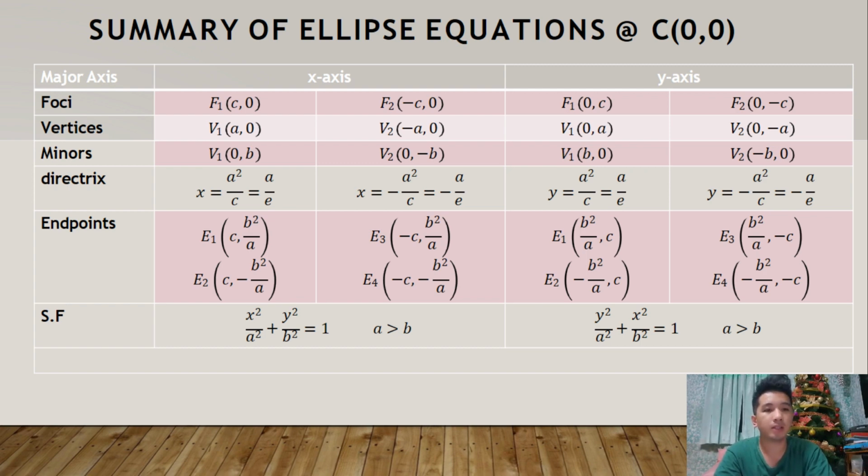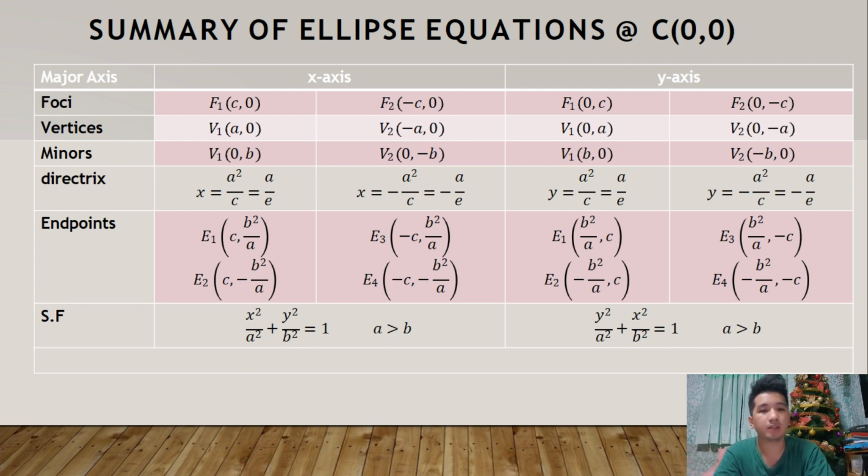Or E1 is (B squared over A, C), E2 is (negative B squared over A, C), E3 is (B squared over A, negative C), E4 is (negative B squared over A, negative C).